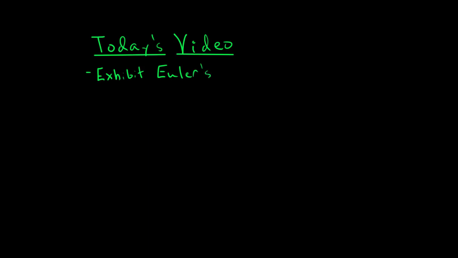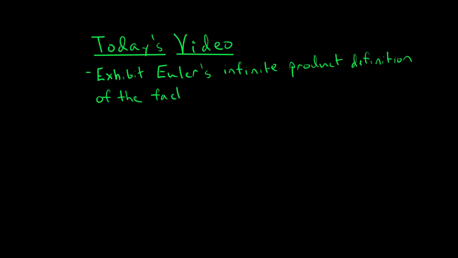So in today's video, here's the plan of what we're going to do. We're going to start by exhibiting Euler's infinite product formula, or definition rather, of the factorial function, which is pretty similar to the gamma function, as we'll see.